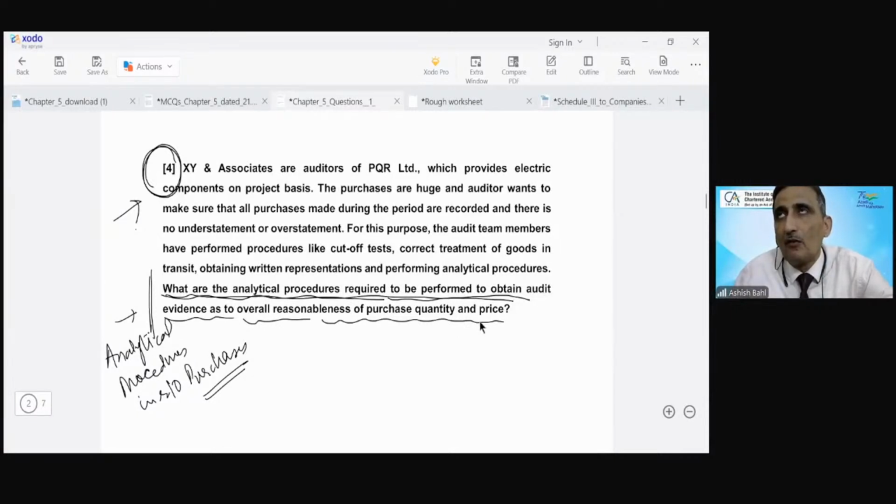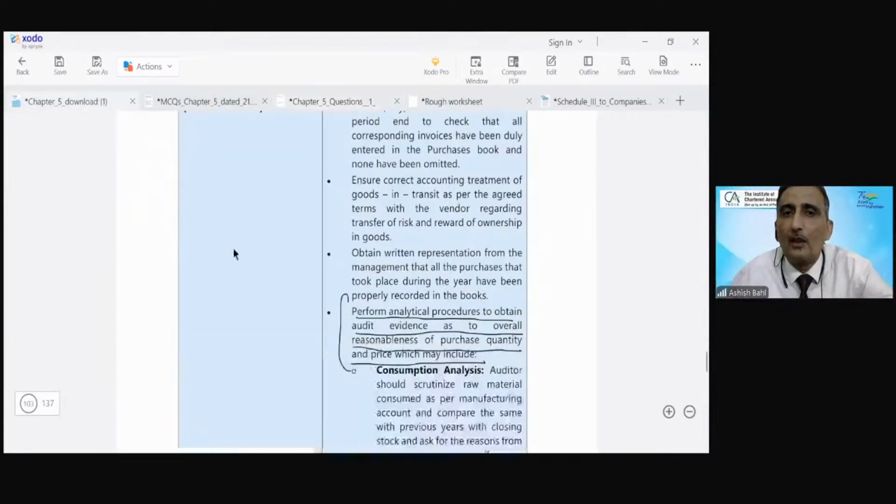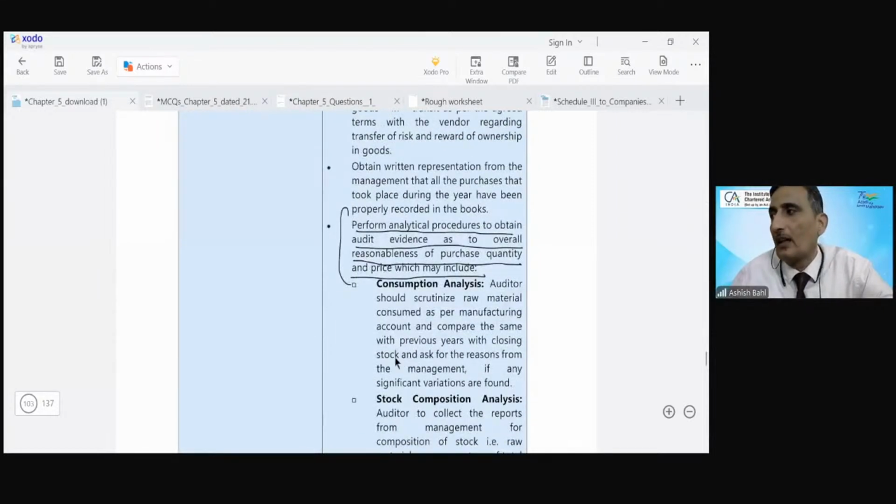From where the question has ended, what is the requirement of the question, you would start and write points 1, 2, 3, 4. These 4 points you are going to write, which are given in your module, or any other relevant point, like trend analysis is also a right point.